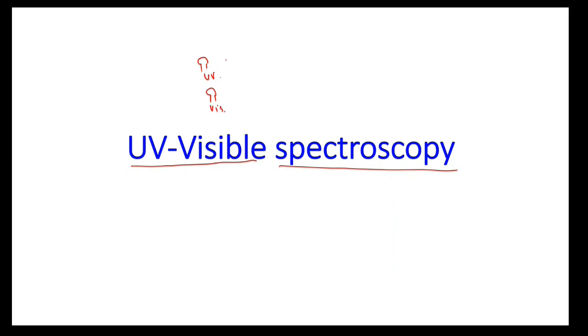These lights interact with the matter, and they are made incident on the matter using a series of optical devices that include collimators, mirrors and lenses. So we call them optical devices, and then after the interaction with the matter, the radiations are transmitted through the matter and some of the incident light is absorbed.